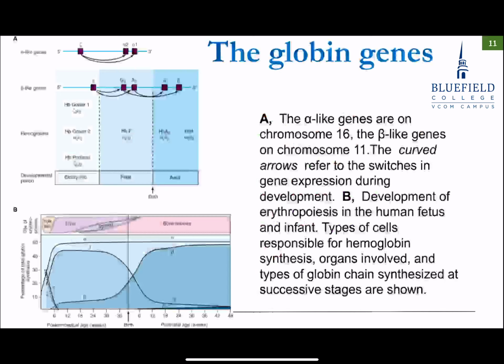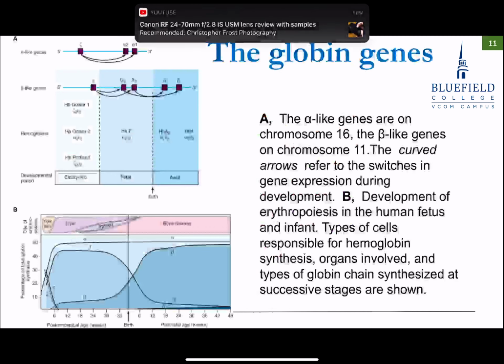HbA2 tends to be expressed earlier, right after the birth, and it contains the delta gene product as the beta-like globin. And this HbA is the predominant form of adult hemoglobin in the normal condition.